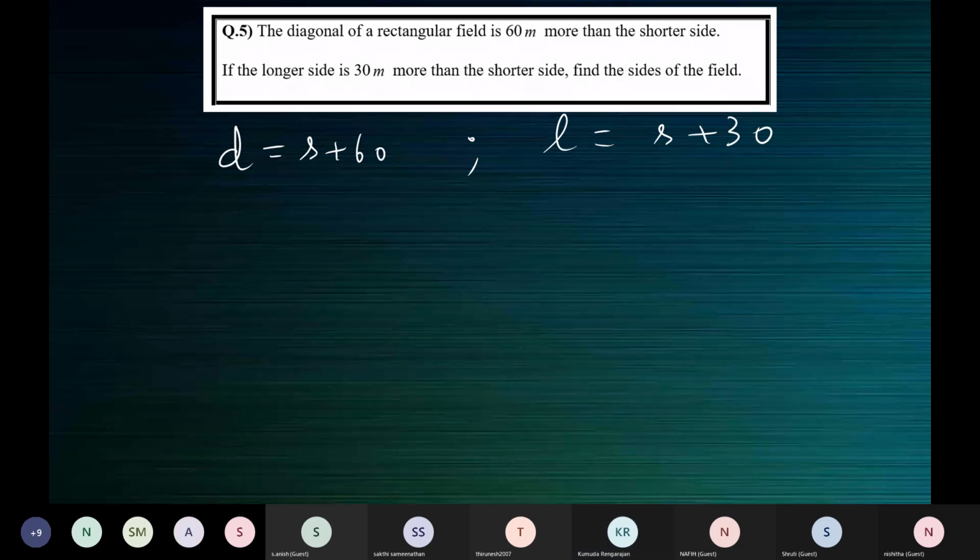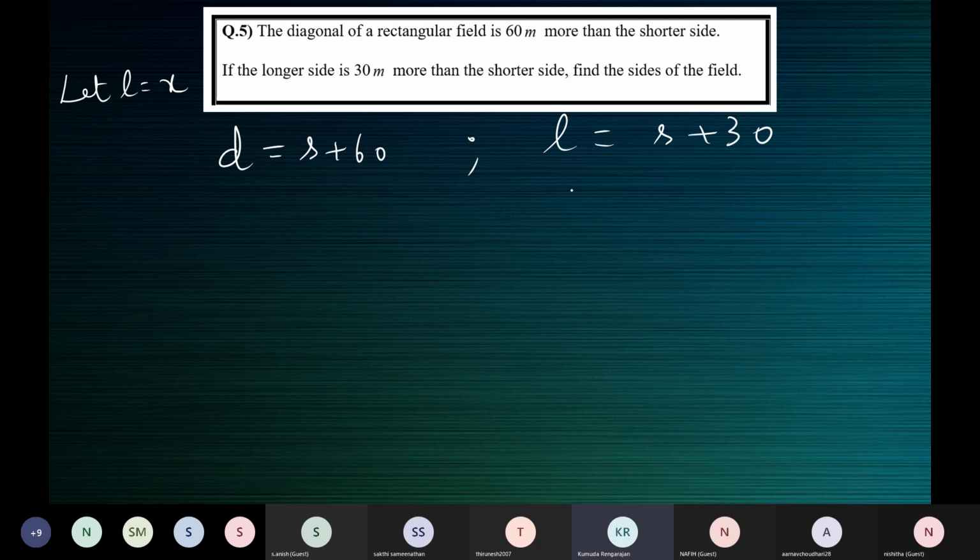Longer side. Yeah. So tell me, Arnav, if the longer side is x, the diagonal is x plus 30 and the shorter is x minus 30. Let the longer side be x. Please complete this.